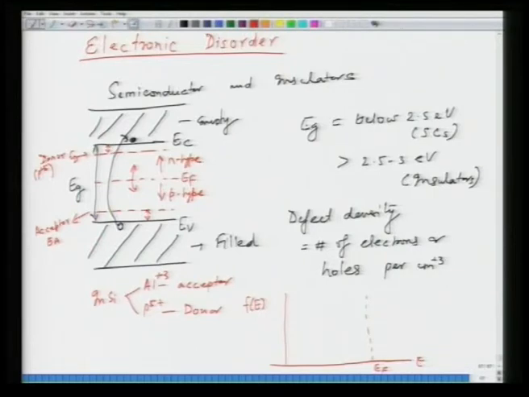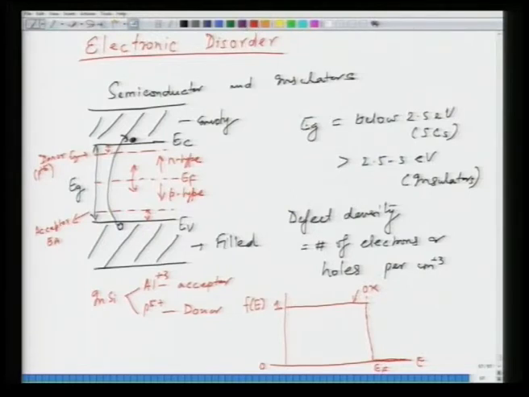This is from the Fermi-Dirac statistics, which means all the energy levels below Fermi energy, and Fe would represent the probability of occupation. So what it basically tells you is that all the energy levels below EF are filled at 0 K, and nothing above EF is filled. So this is your 0. So this is at 0 K.